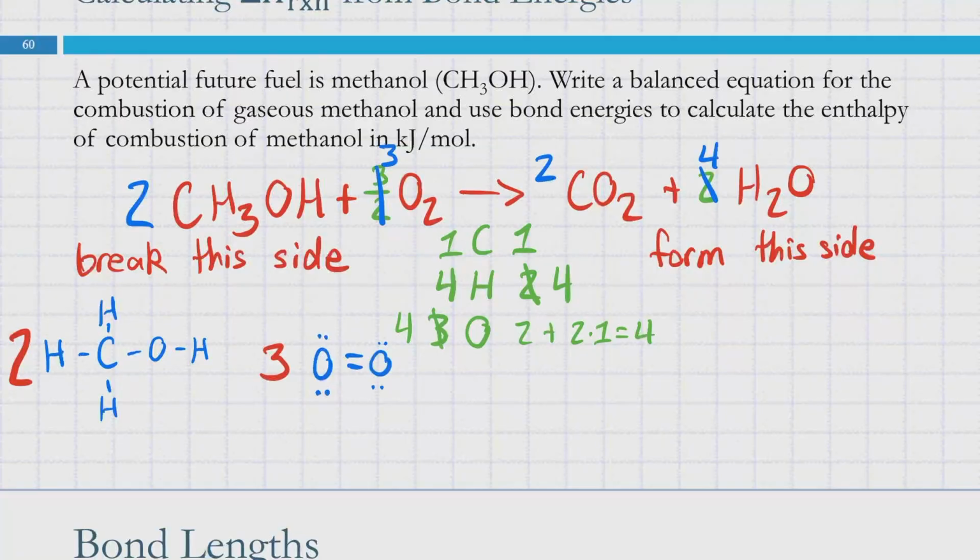And then on the right side, we've got 2 CO2s. Carbon dioxide has 2 double bonds. That makes it quite stable. And we also have 4 waters.